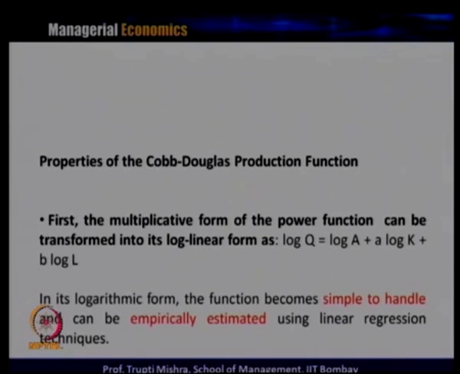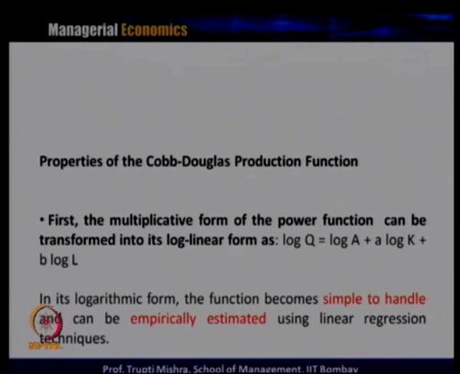Firstly, the multiplicative form of the power function can be transformed into a log linear form, like log Q is equal to log A plus a log K plus b log L. So, in logarithmic form, the function becomes simple to handle and can be empirically estimated using a linear regression technique.